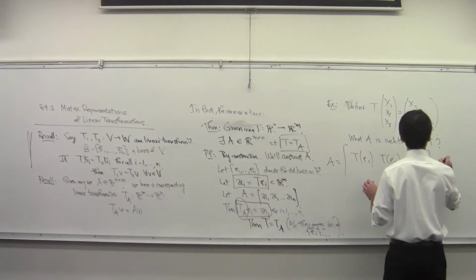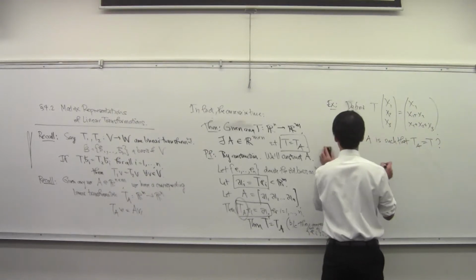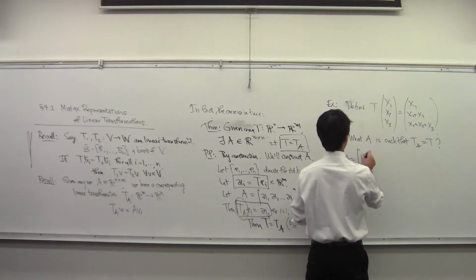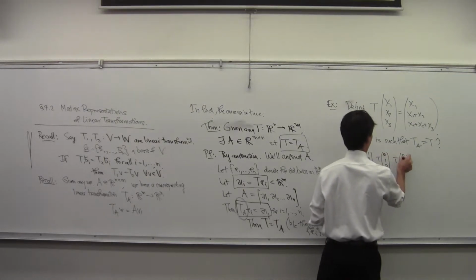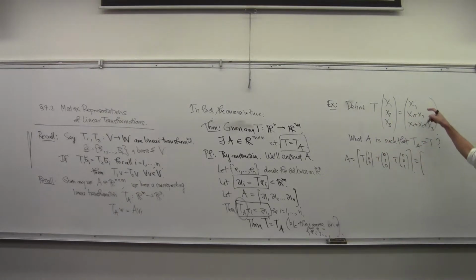A is going to be T of E1, T of E2, T of E3. That's T of 1 0 0, T of 0 1 0, T of 0 0 1. Well, what is that? T of 1 0 0 is going to be what?